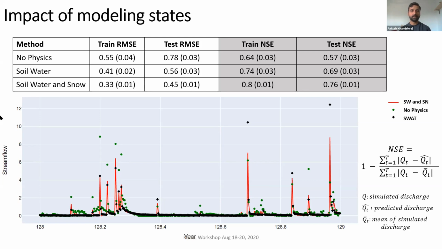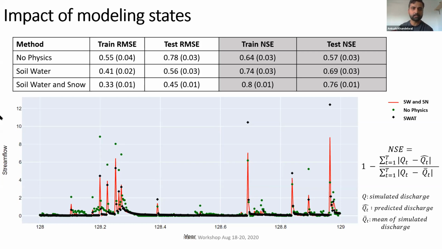So that tells us that there is some value in bringing these concepts into the architecture itself. Now the time series on the bottom shows you the result for one of the testing years. So here, the black diamonds that you can see are the stream flow from the SWAT simulation, because our goal right now is to emulate SWAT. So what we want is our machine learning algorithm to be as close as possible to these black diamonds.